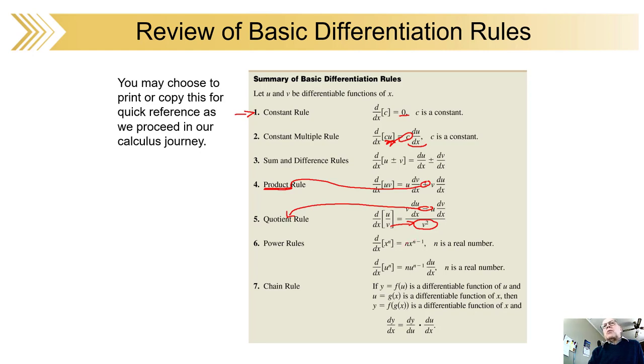The power rule is just the chain rule on steroids, I guess. Bring that n out the front, reduce the n by 1. Chain rule, you get an inside function and an outside function. Outside function, inside function.